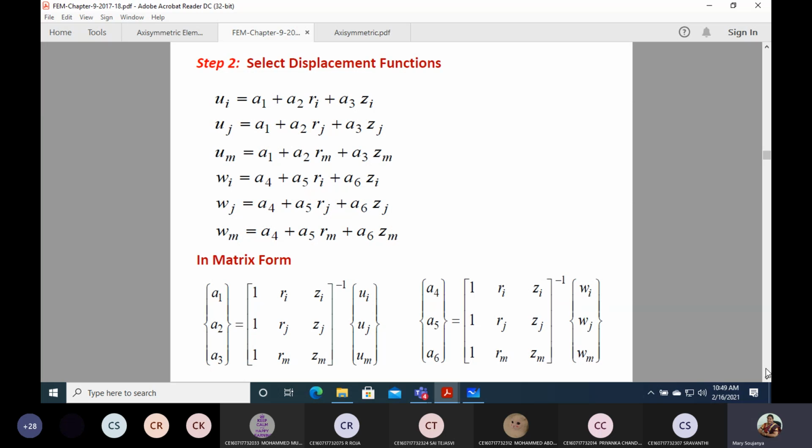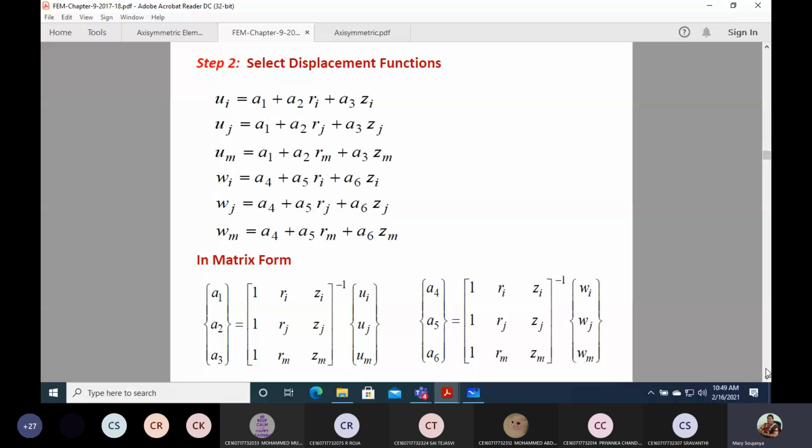Yes, we did, ma'am. In CST polynomial functions. Yes, the derivation of shape functions for a CST element using polynomial functions. The same pattern we are following here also.